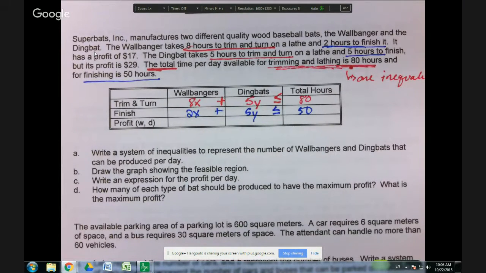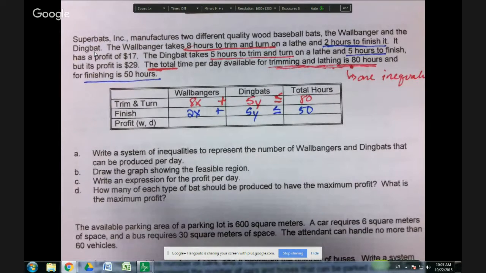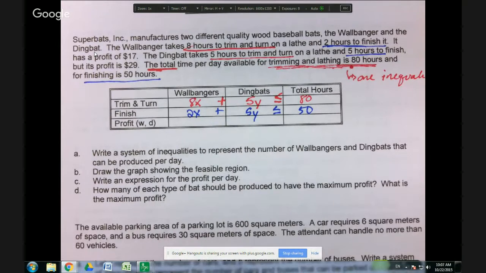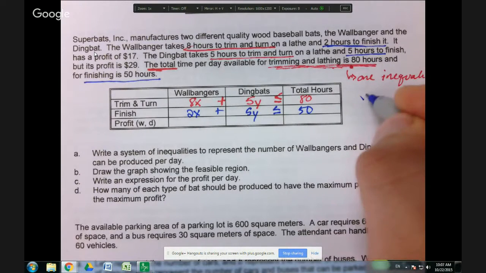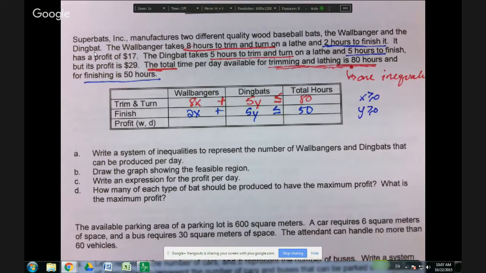Okay, so if you're looking at A, it says write a system of inequalities to represent the number of Wallbangers and Dingbats that can be produced. We just did that. The other two you might want to pay attention to. Can I have a negative number of either of those?